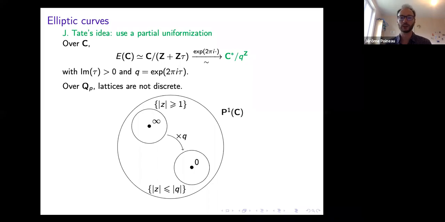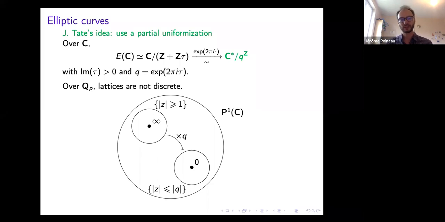If you want to look at the quotient, you should draw a picture of the action of multiplication by q, which I basically did here. I draw two disks, one centered at infinity, one centered at 0. And what does the multiplication by q do?